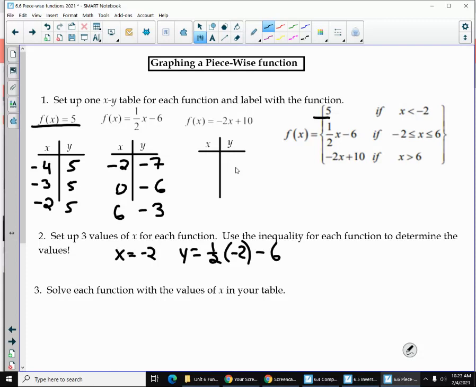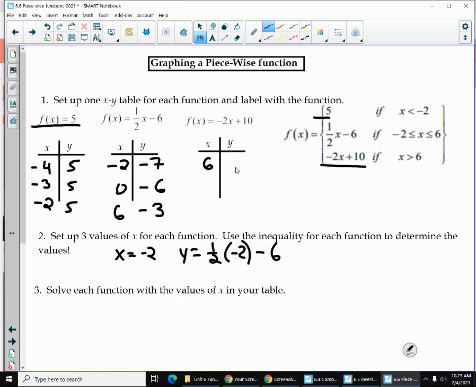And the final equation is f of x is equal to -2x plus 10. So here I have to pick x values greater than 6. I will pick 6, but this means 6 is not included, which could be 6.01. This will be an open circle.